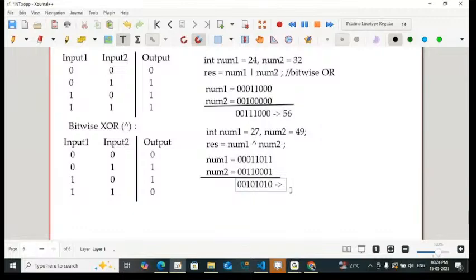Yes, the answer is 42. Okay, so that is bitwise XOR.